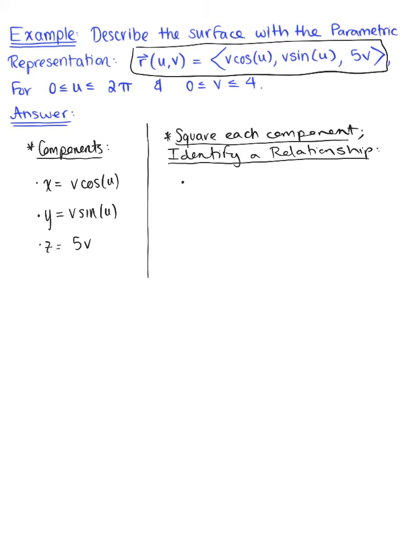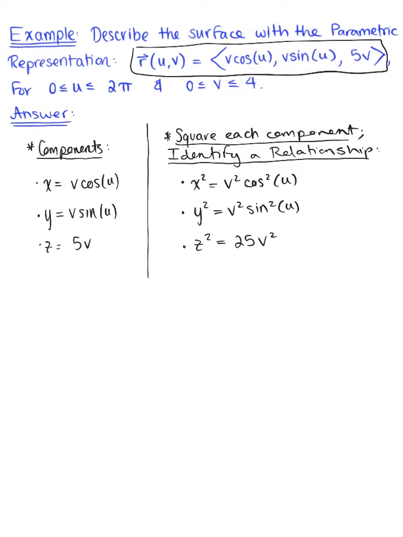Squaring both sides of the x component gives us x squared is equal to v squared times cosine of u squared. Squaring the y component gives us y squared is equal to v squared times sine of u squared. And squaring the z component gives us z squared is equal to 25v squared.